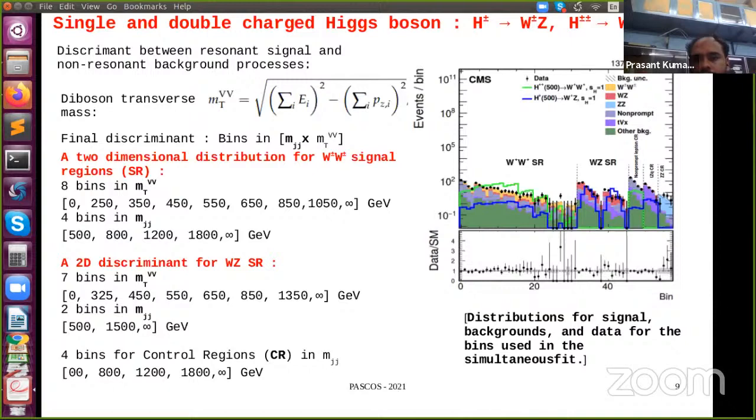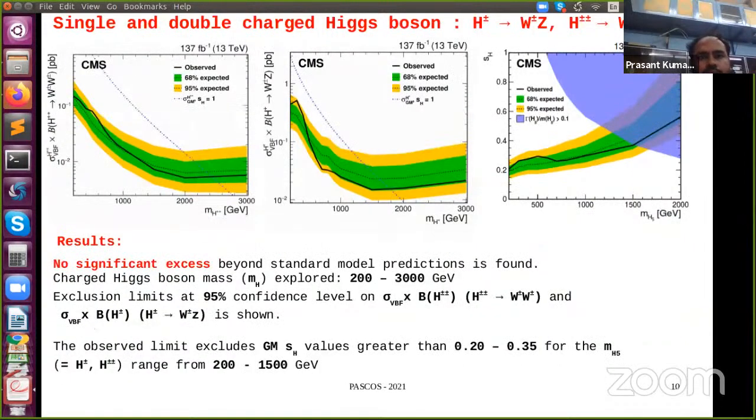A simultaneous fit has been performed using the signal and backgrounds in these different bins. This can be seen in this figure. Okay, let me move on to the next slide. Here, these are the limit plots for this analysis.